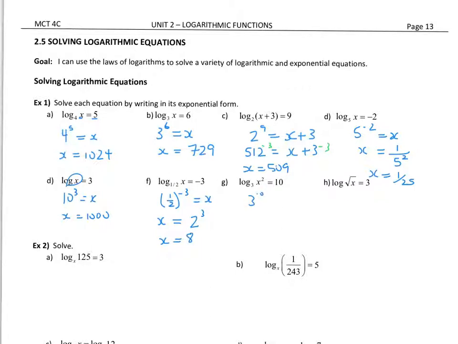Here we have 3 to the 10. Ooh, wait a second. Nope, not yet. Let's erase that. Okay, so actually that would potentially work. So actually, let's try that. 3 to the exponent of 10 should equal our x squared. 3 to the exponent 10 is really big, so then what we have to do is undo that square by square rooting.